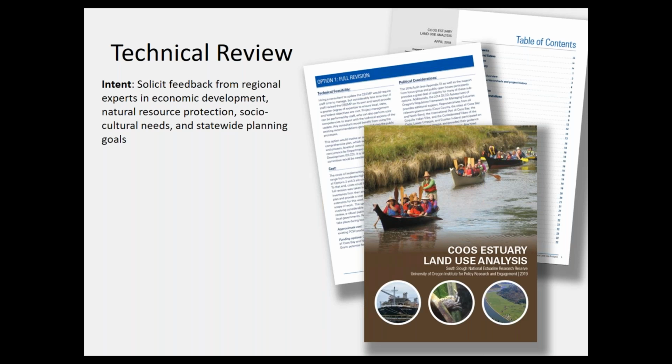But we wanted to make sure that the process we took was a balanced approach. So we solicited feedback from regional experts from one of four categories: economic development, natural resource protection, sociocultural needs, and then statewide planning goals. And we wanted to make sure these people didn't have a vested interest in this particular process, but they were experts in their field.